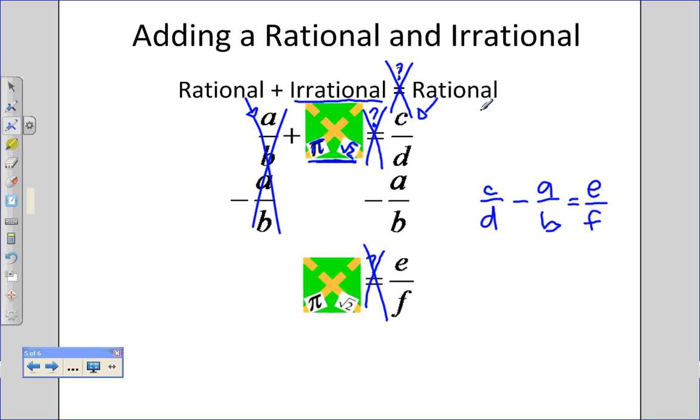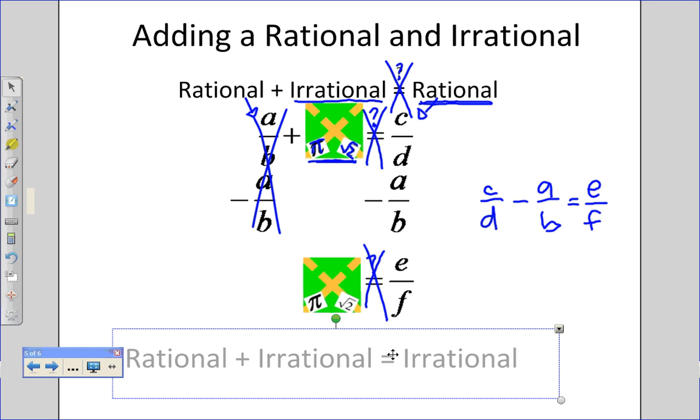If it's false, the last question we need to ask is, what is true? It would have to be the opposite. A rational plus an irrational must equal an irrational. So in this lesson, we've learned two new rules.